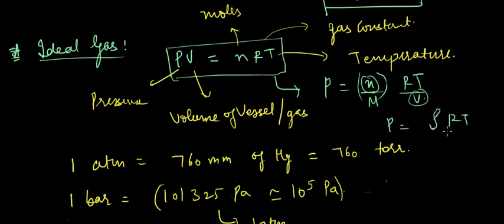So P equals rho RT divided by M, where M is molar mass. So we can also write it in terms of rho or density.